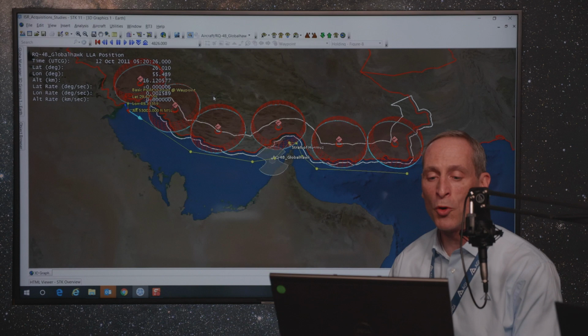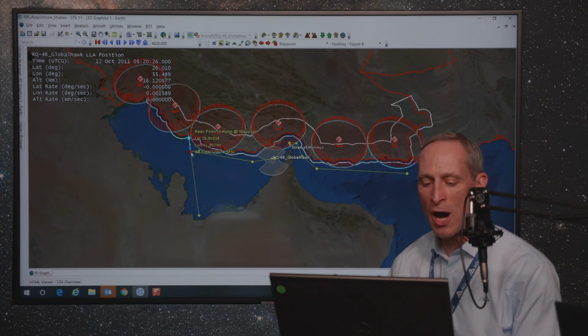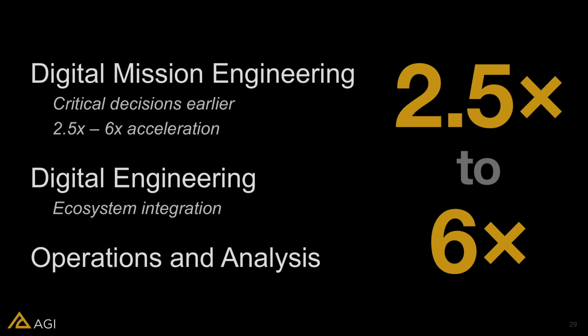So an important and timely example of how these digital mission engineering techniques can be applied to operational analysis. So that concludes pretty much everything that we've wanted to say as far as setting the stage for digital mission engineering.